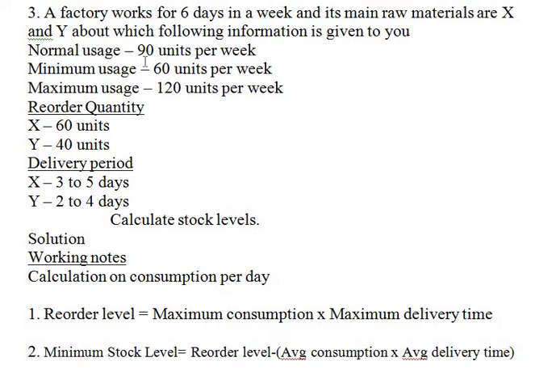Normal usage 90 units per week, minimum usage 60 units per week, maximum usage 120 units per week, reorder quantity X 60 units, Y 40 units. Delivery period X is 3 to 5 days, Y is 2 to 4 days.